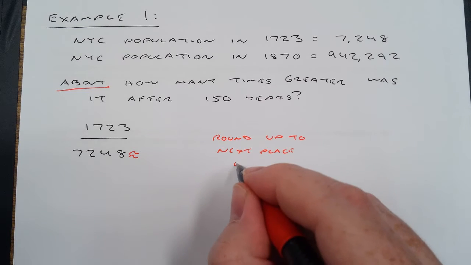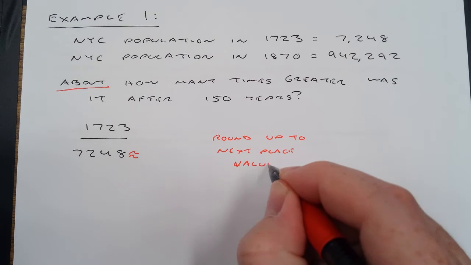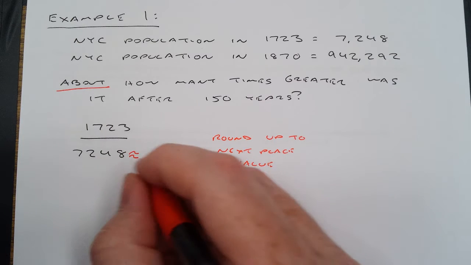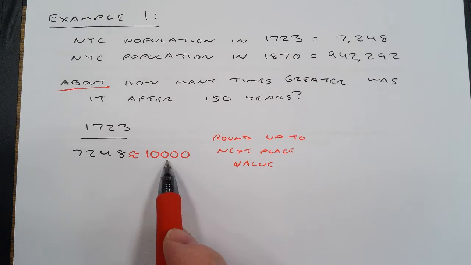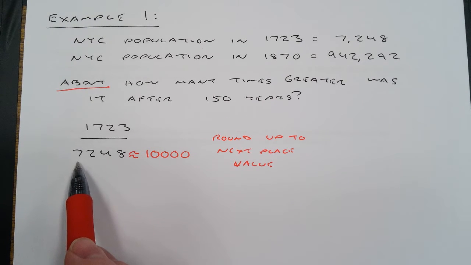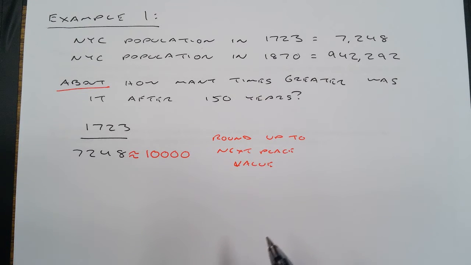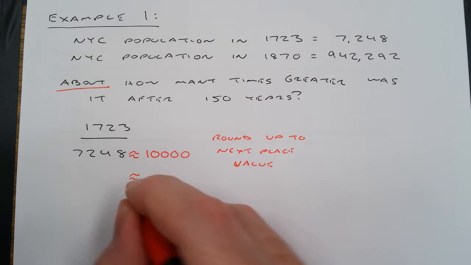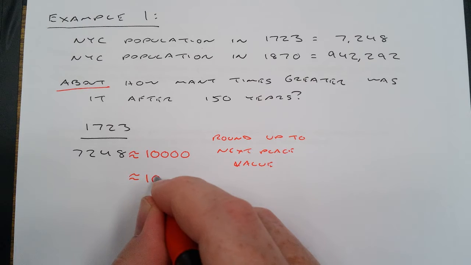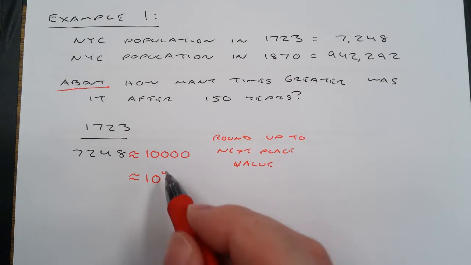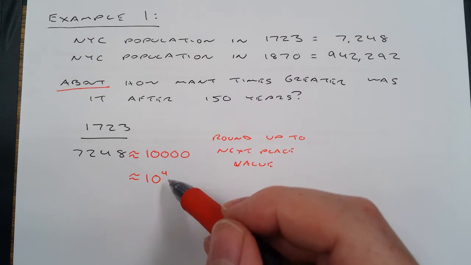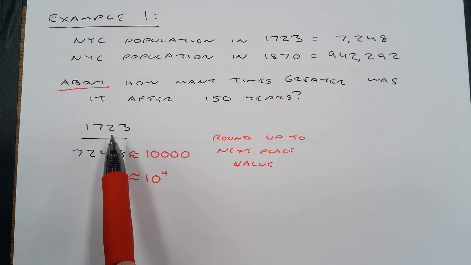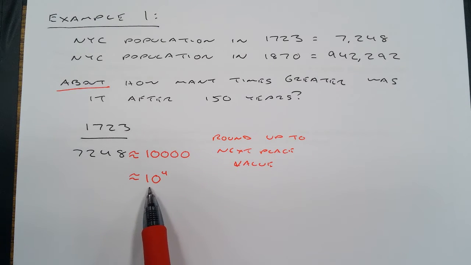Just like we did in lesson 7, we're going to say the next place value higher than this is 10,000. Because 1,000 is too small, 10,000 is the next one up. And 10,000 is 10 to the 4th, because it's 4 zeros. So our approximation in 1723 the population was about 10 to the fourth.